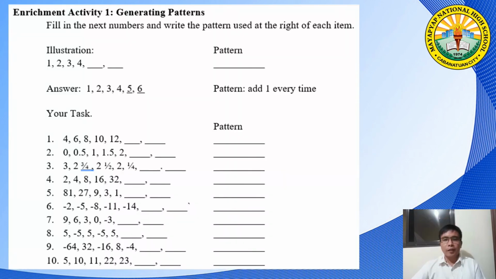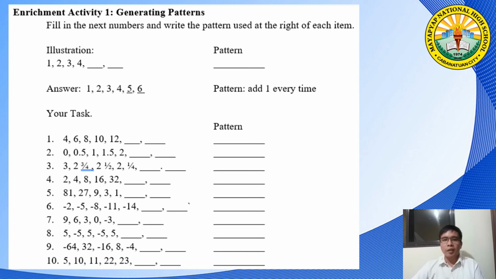At this point, turn your activity sheet into enrichment parts. Reminder, do not write anything on your activity sheets. Write your answer on a separate long bond paper. For enrichment activity 1, fill in the next numbers and write the pattern used at the right of each item.